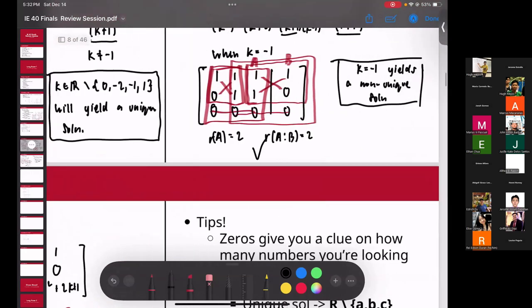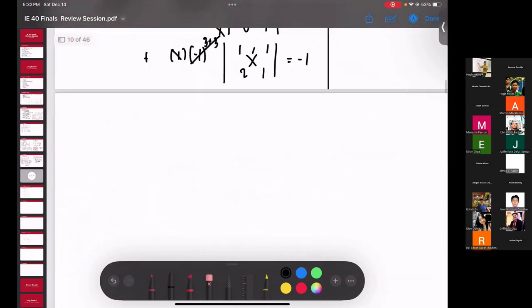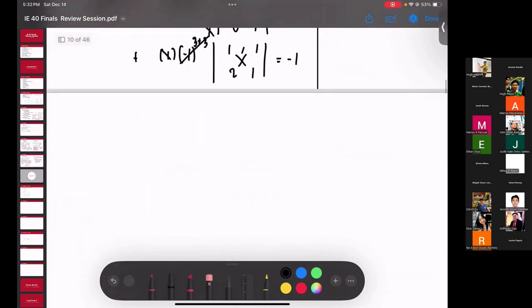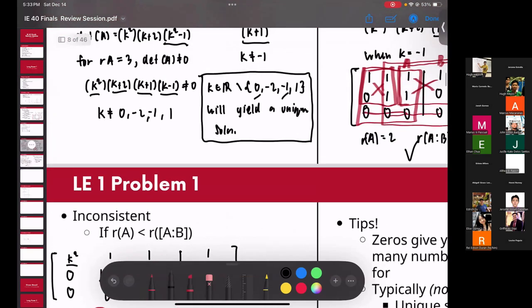So we're done with negative 1. We're done with 0. Let's try negative 2 and 1. So for k equals negative 2, actually you can just plug all of this in.